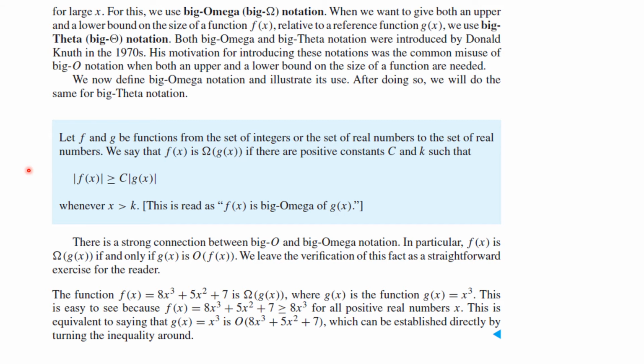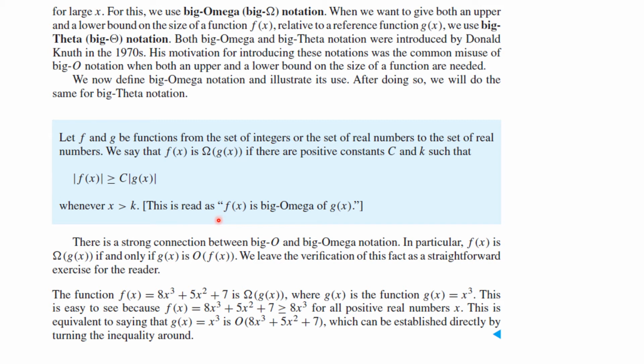So let f and g be functions from the integers, or the set of real numbers, to the set of real numbers. We say that f of x is omega of g of x if there are positive constants c and k such that the absolute value of f of x is bigger than or equal to c times the absolute value of g of x, whenever x is big enough, whenever x is bigger than k.